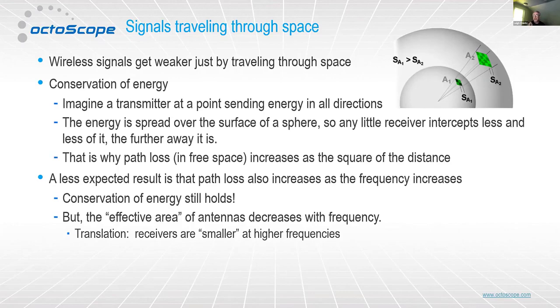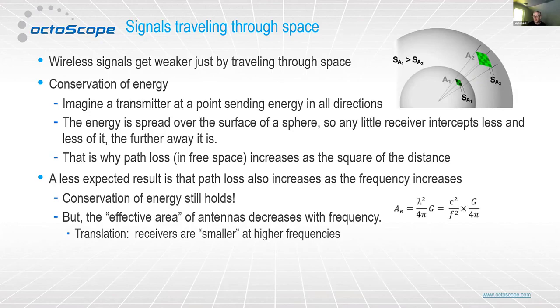In this particular case, it matters because you have to think about what you're actually receiving it with. That little patch example that I gave before is a theoretical idea, where you can just grab all the energy in your little patch. But if you think about what a real receiver will look like, it'll be made up of an antenna. And antennas actually decrease in size as the frequency goes up because the effective area of the antenna is related to the frequency. So it looks like this.